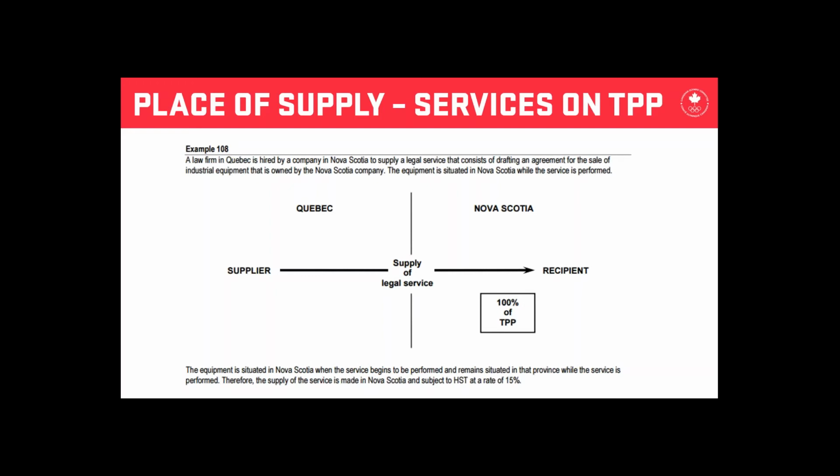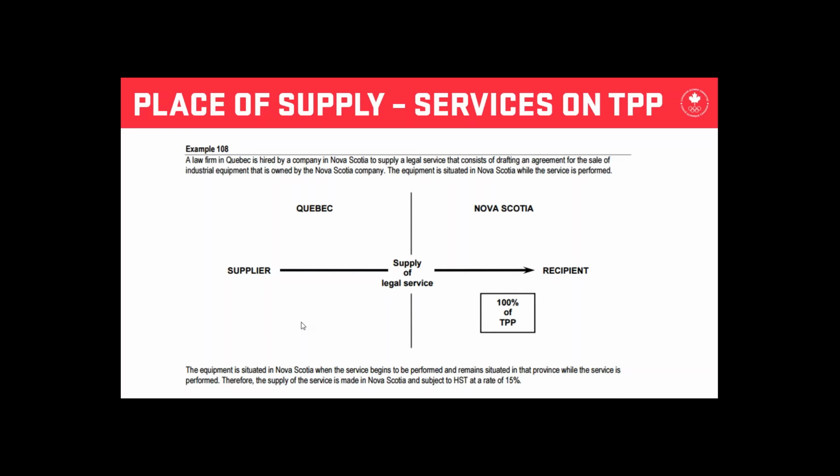So the rule is that, even though it's a service, the tax rate to be applied is wherever the tangible personal property resides during the performance of the service. It says at the bottom, the equipment is situated in Nova Scotia when the service begins to be performed and remains situated in that province while the service is performed. Therefore, the supply of the service is made in Nova Scotia and subject to HST at the rate of 15%.